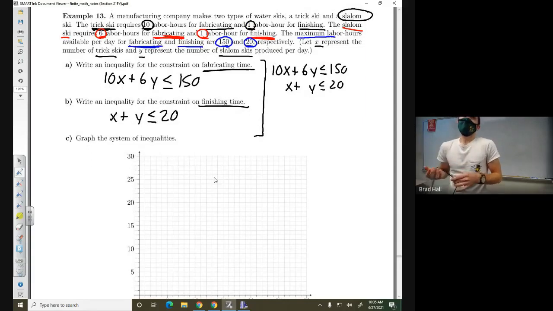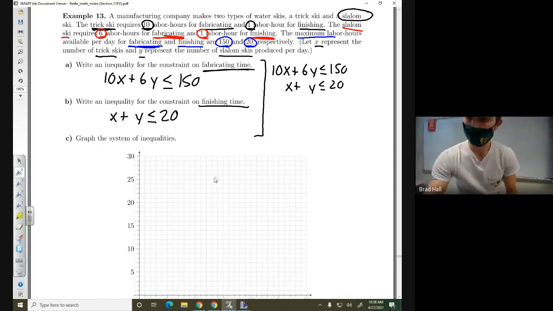So you might think, well, why do we need that? It doesn't say anything about them, which is fair until you realize X and Y represent the number of skis. And the number of skis cannot be a negative number. It has to be a positive number.